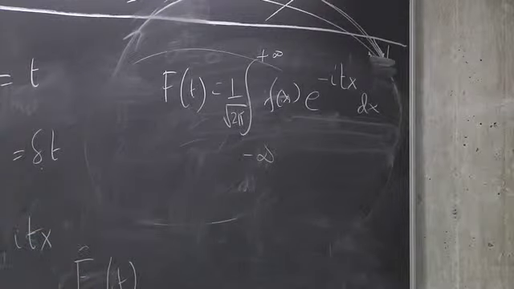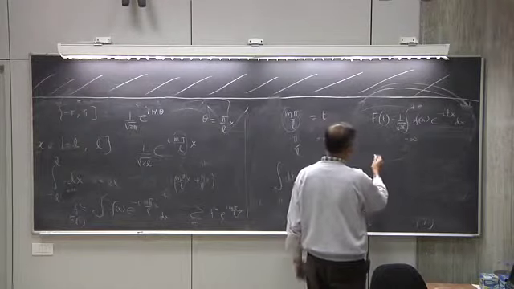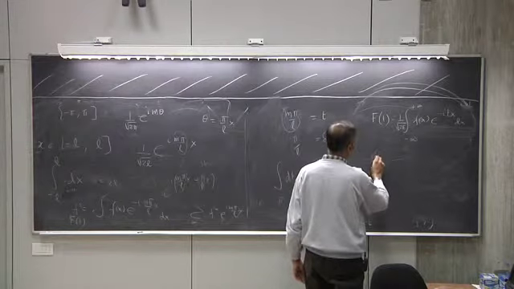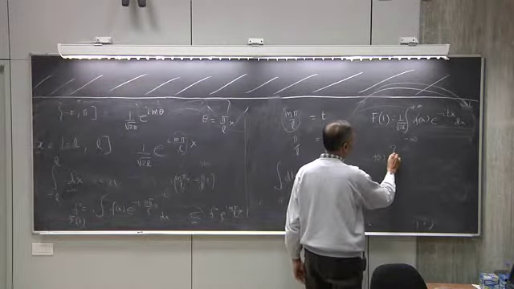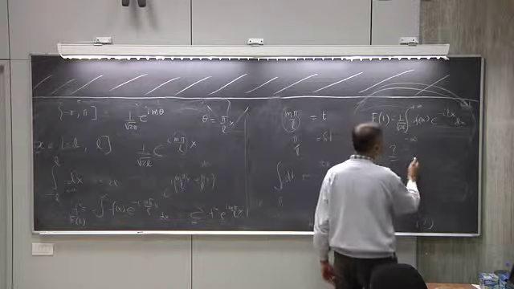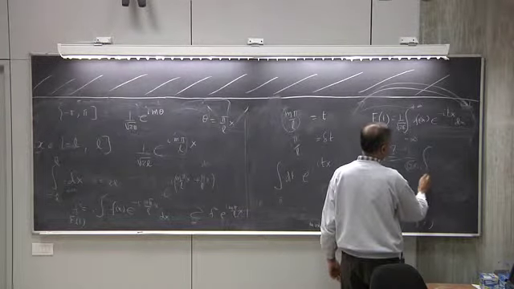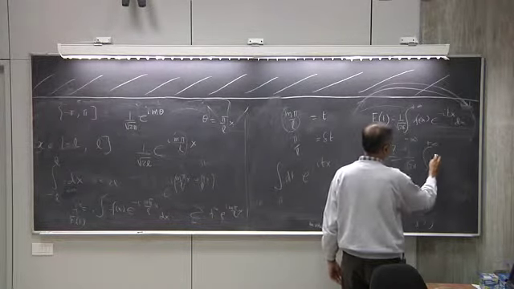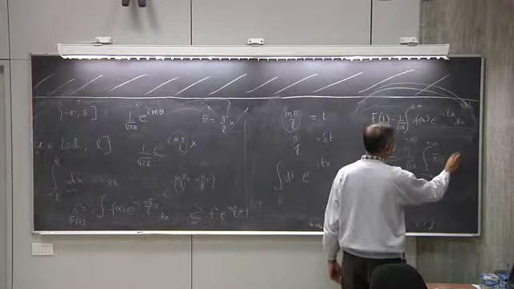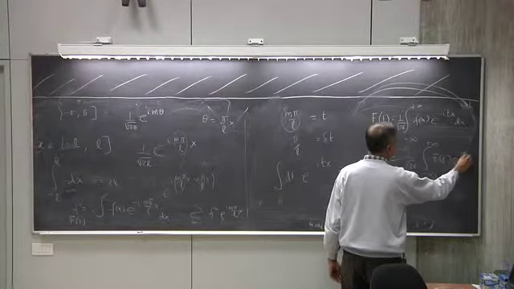That's that. And the inverse Fourier transform would be f of x. Here is a question mark whether that is what it is: 1 over root 2 pi, minus infinity to plus infinity, F of t e to the i t x dt.